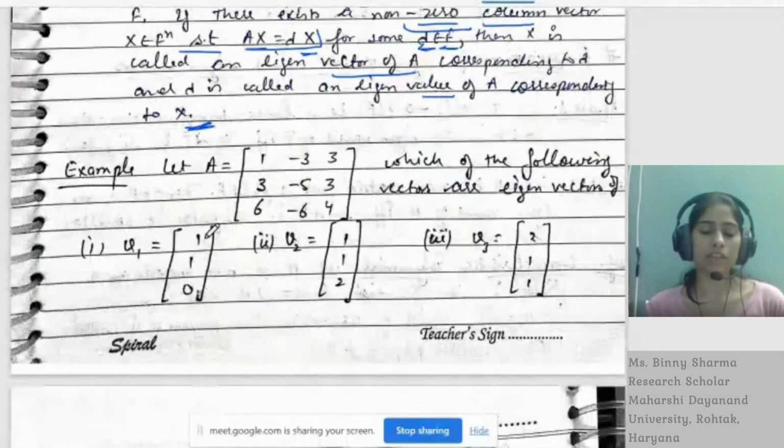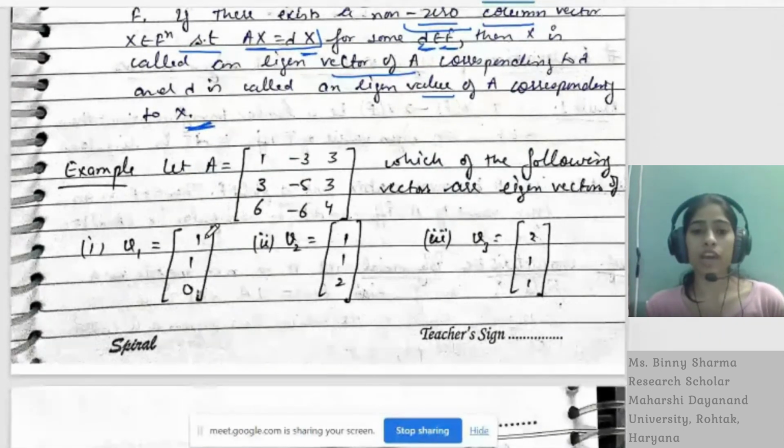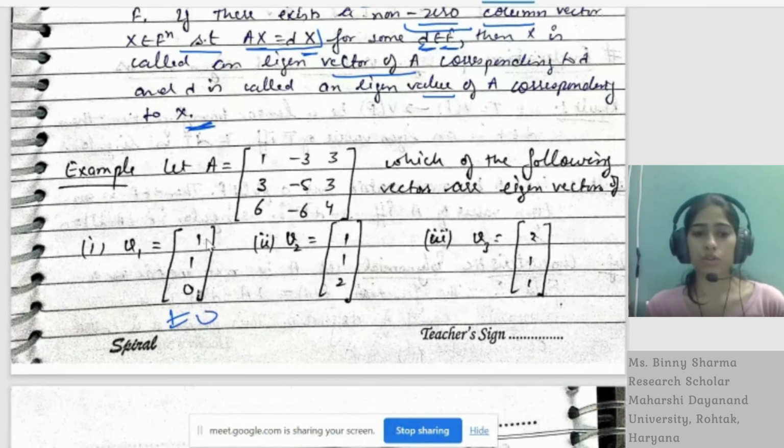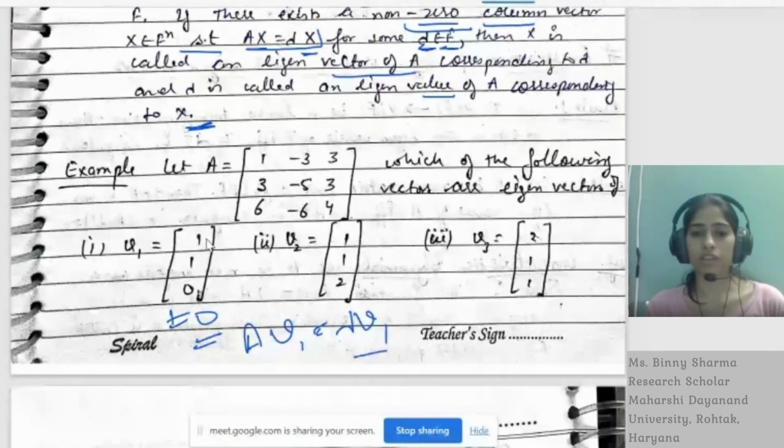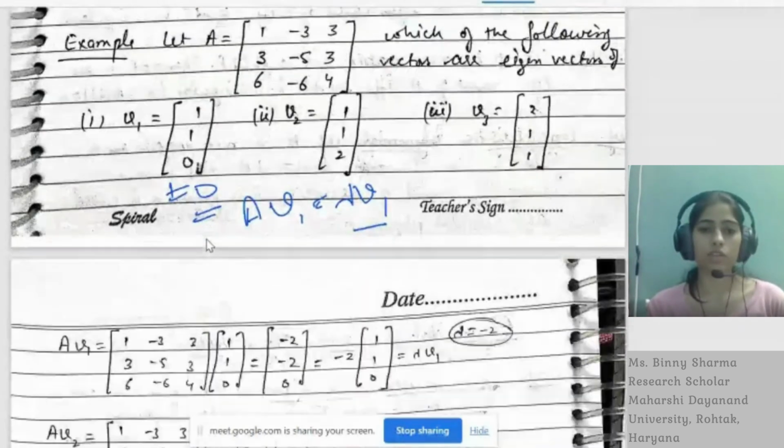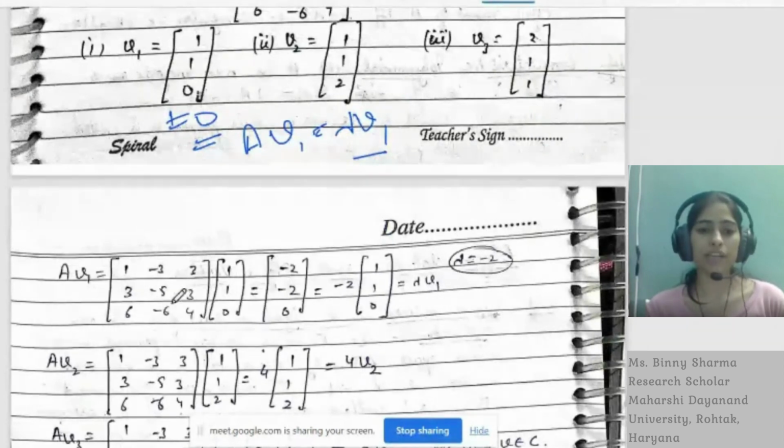We have an example. Let A be a matrix. Now we have to find which of the following are eigenvectors. First, V1 should be non-zero, and here V1 is non-zero. The second condition is to check A V1 equals lambda V1. So we multiply the matrix and V1, and we get -2, -2, 0.